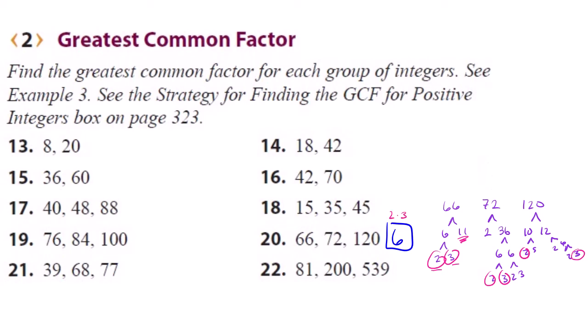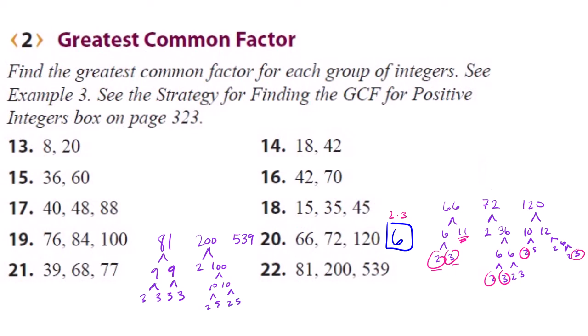All right, so 22. So we have 81, 200, and 539. So 81 is 9 times 9, and each of those breaks down to a pair of 3s, right? 200 is 2 times 100. 100 is 10 times 10. And if you remember the prime factors of 100, you can just write them out.